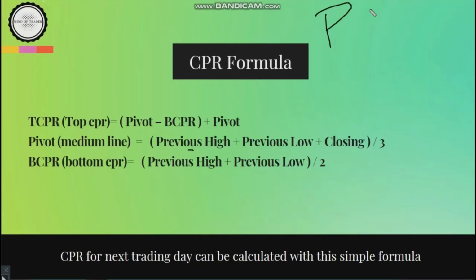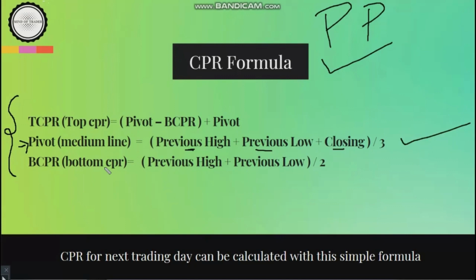So like we discussed the pivot points formula in our previous slide, we can also calculate CPR with the help of this simple formula. We need to have pivot point data. Previous high plus previous low plus closing divided by 3 will give you the middle line.